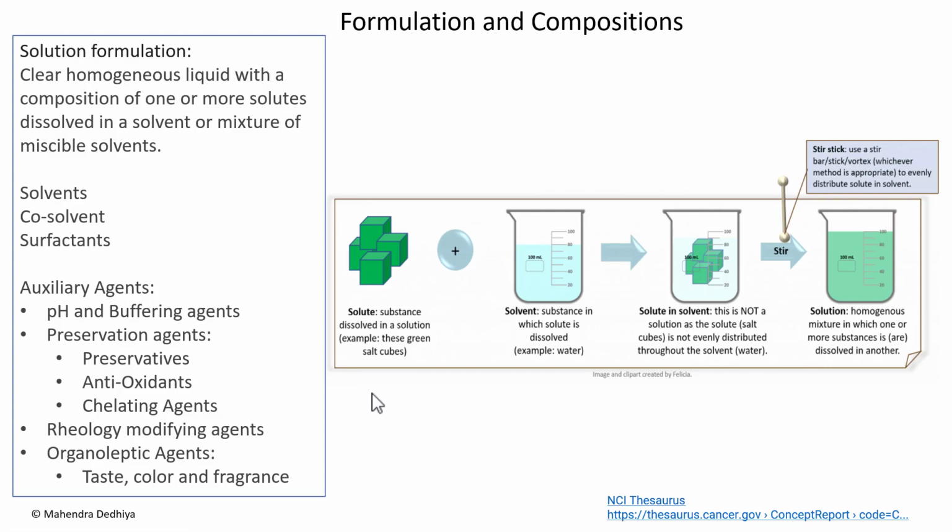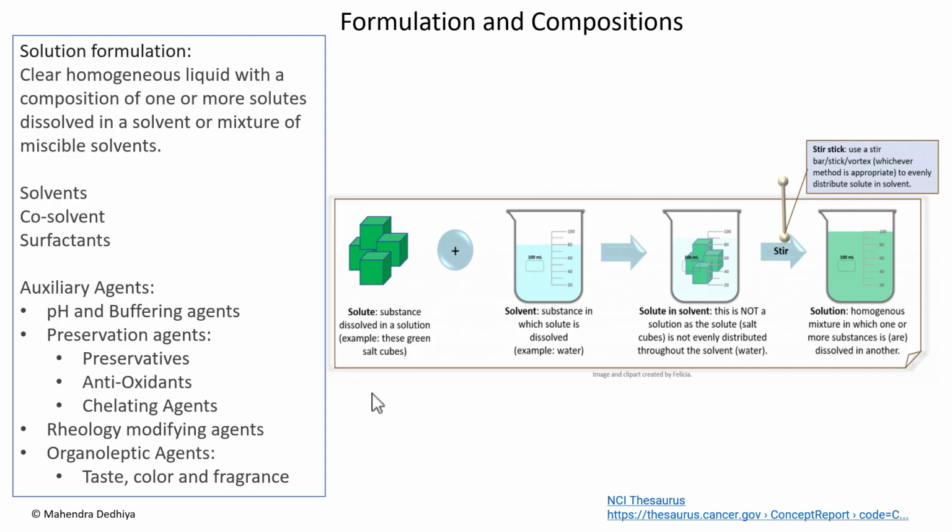Formulation and composition. Solution formulation, as discussed before in earlier modules, is a clear homogeneous liquid in which one or more solutes are dissolved in solvents or mixtures of solvent. It's a monophasic system. It contains solvents.